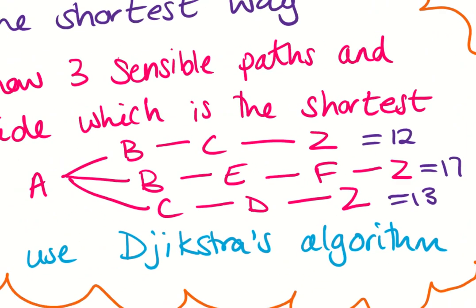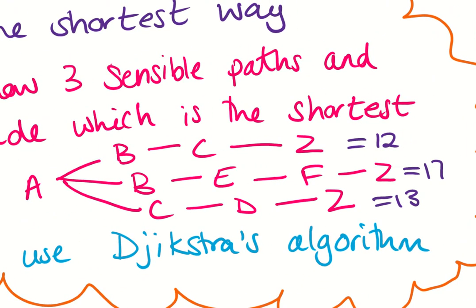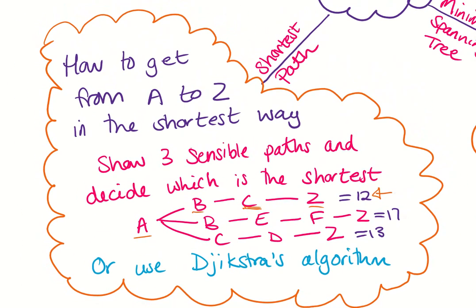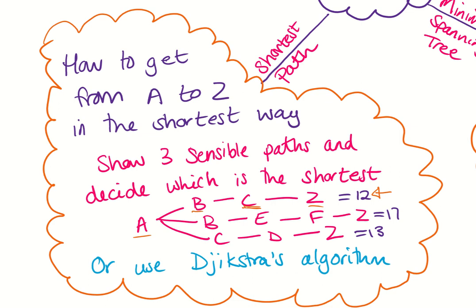So on this one, we're just making up some examples here, but we would pick that the 12 would be our shortest path. So we'd go A, B, C to Z as our shortest path. The other option you have is to use Dijkstra's algorithm, which just takes a little bit of careful thinking about.